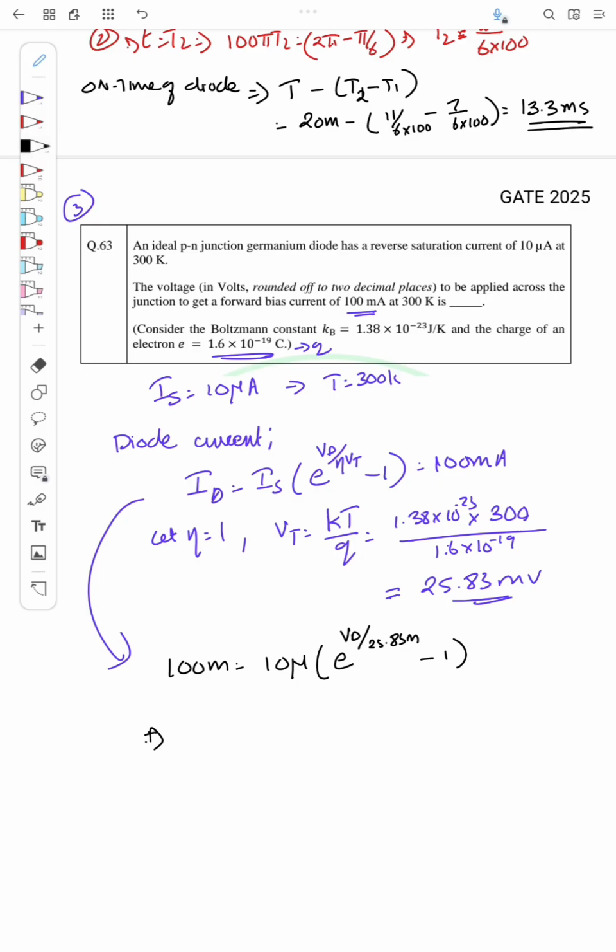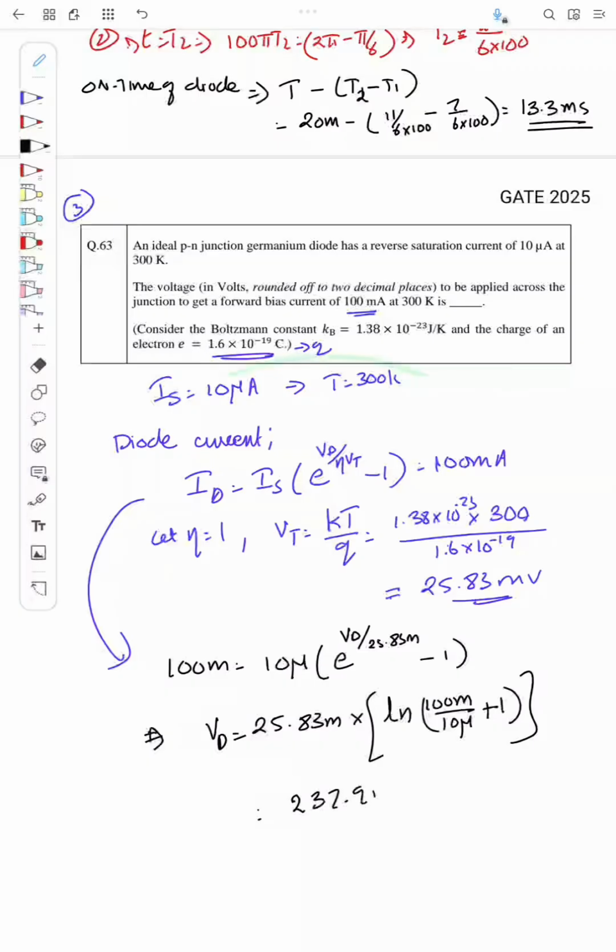Okay, so from here Vd will be equal to 25.83 milli into natural logarithm of 100 milli by 10 micro plus 1.